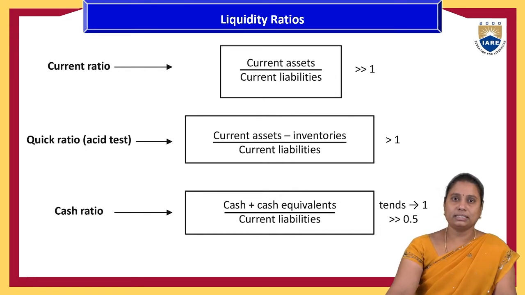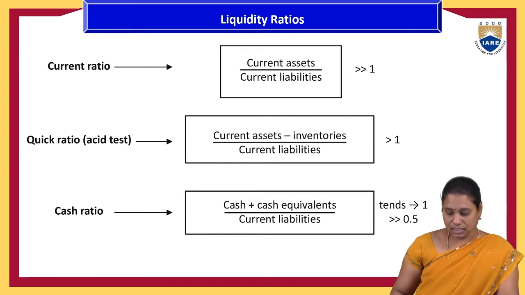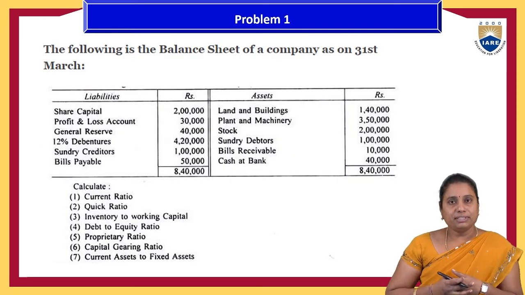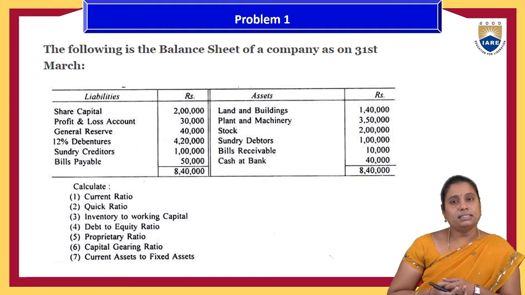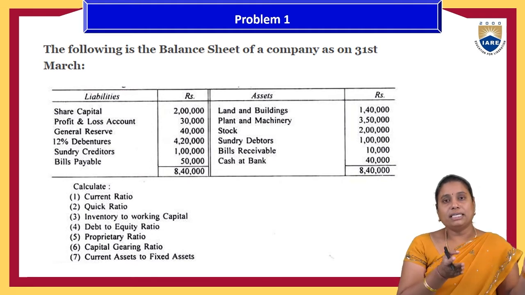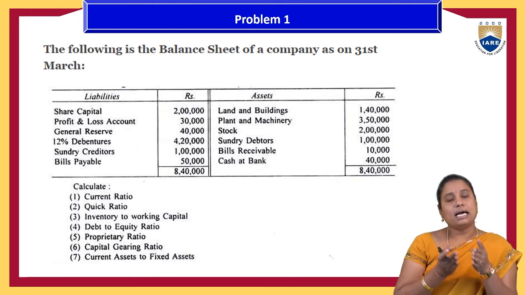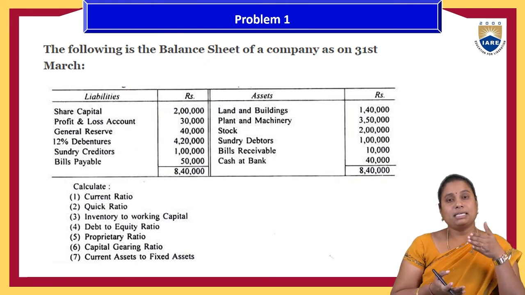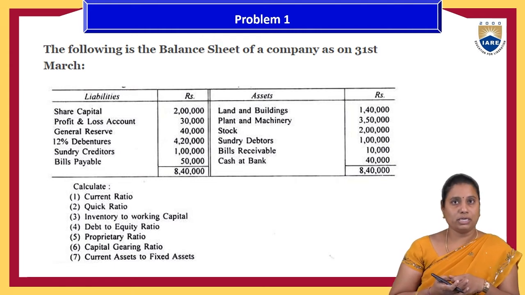And now in this class I am going to be discussing the problems related to ratio analysis. The following is the balance sheet of the company as on 31st March. Generally, after getting the final accounts of any business organization, applying mathematical expressions on the elements of those final accounts is called ratio analysis.